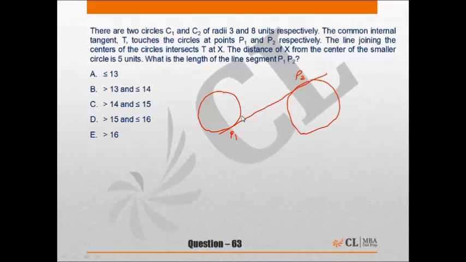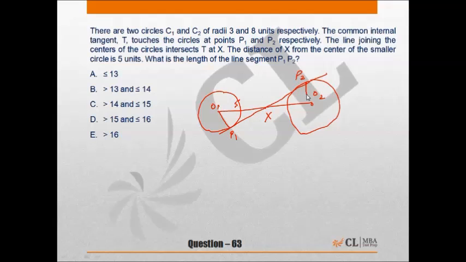The line joining the centers of the circles intersects T at X. Let O1 be the center of C1 and O2 be the center of C2. The distance of X from the center of the smaller circle is 5 units, which means O1X is 5 units. What is the length of line segment P1P2?